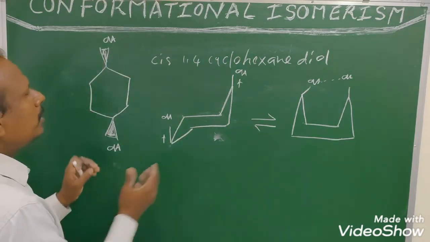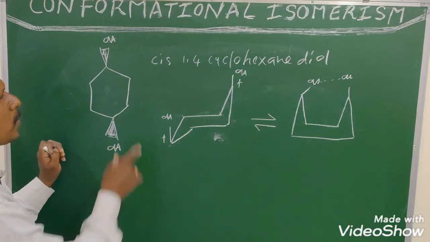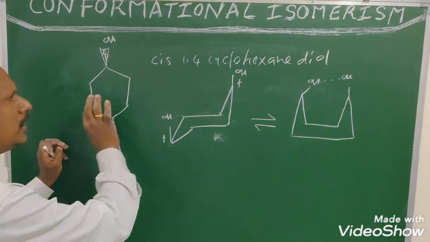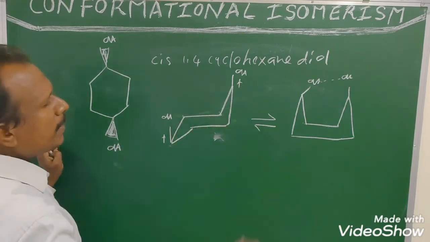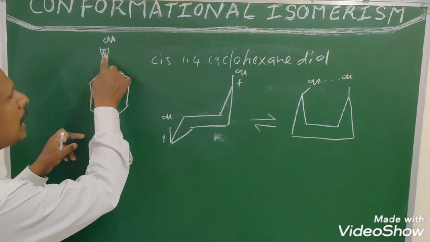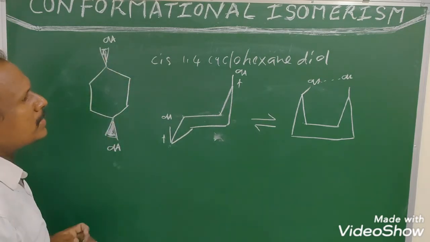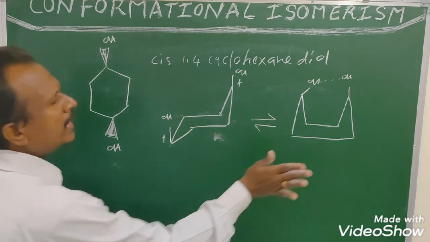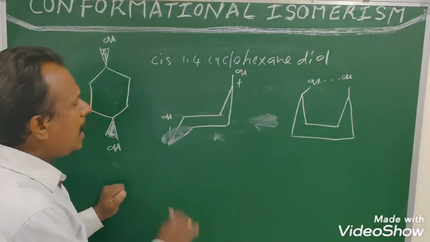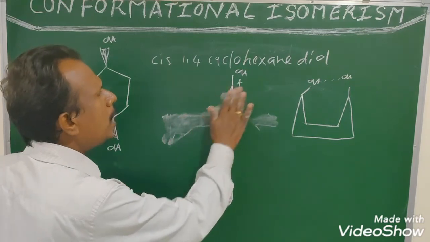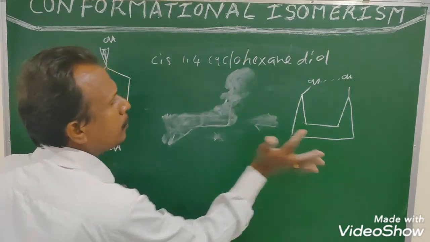Except this compound, the remaining hydroxy derivatives, 1,2, 1,3, 1,4, all exist in two chair conformations. There is no chair form here, it exists only in boat form.